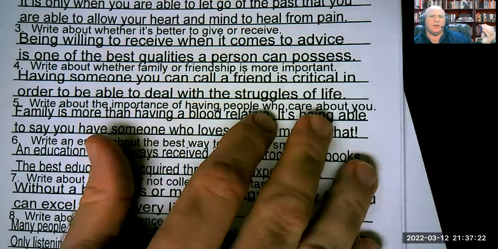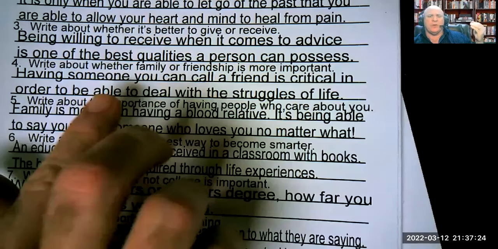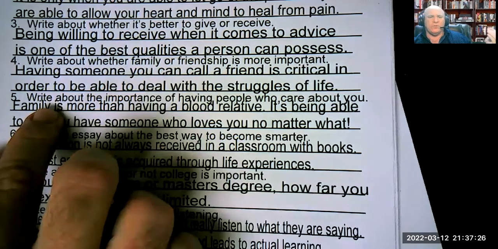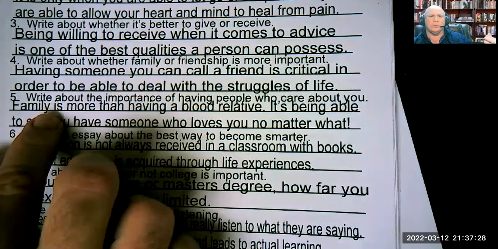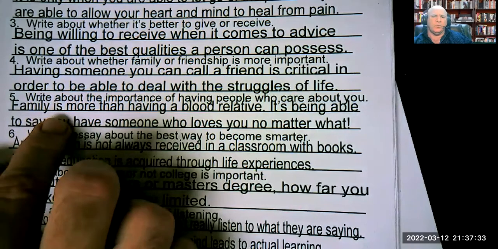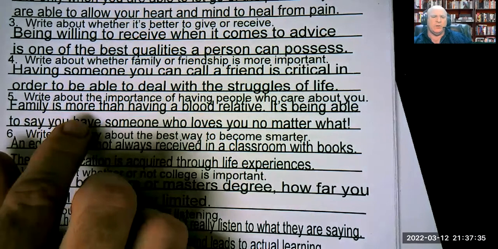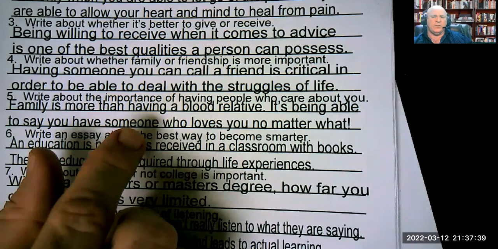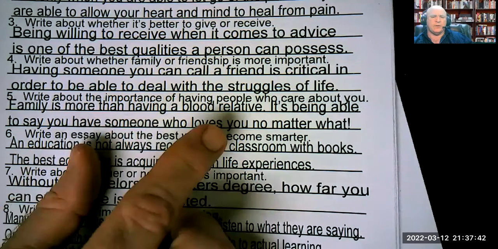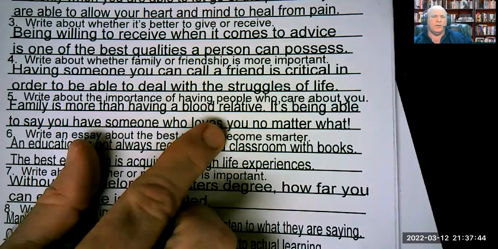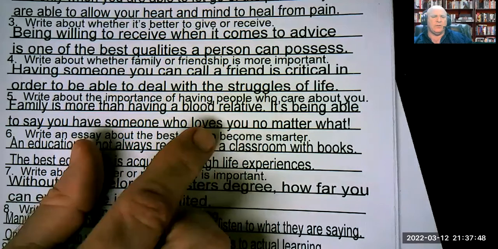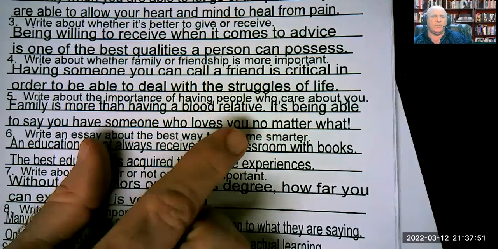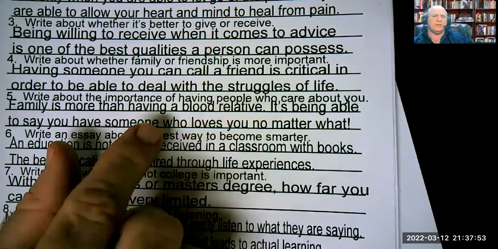So I would have to be using examples from a book or a movie, a show, the news, something historical where family was there for people and loved them no matter what. You can think of all the way back through time where people showed that they loved someone and that they were there for them, even though they weren't necessarily blood relatives.